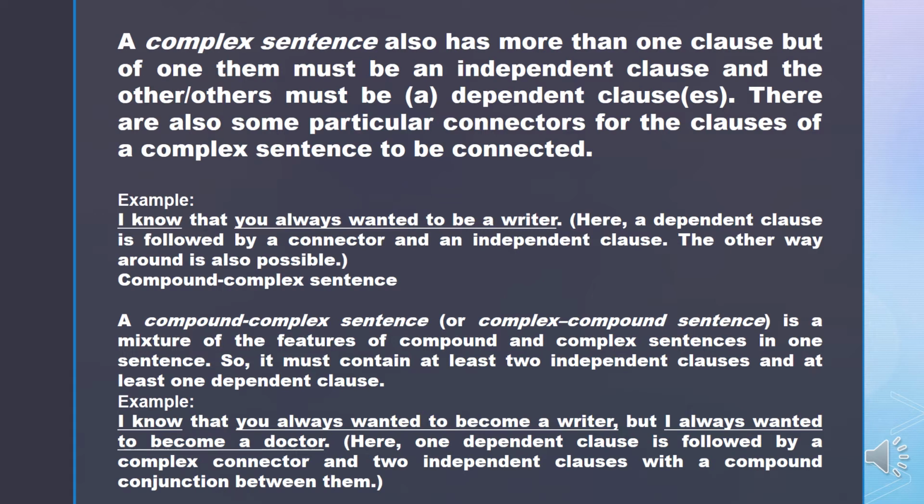Now there are also some particular connectors for the clauses of a complex sentence to be connected. For example, I know that you always wanted to be a writer. Here, a dependent clause is followed by a connector and an independent clause. The other way around is also possible.